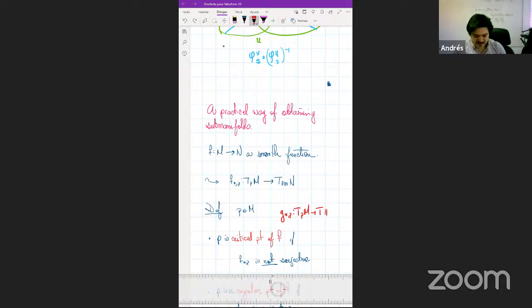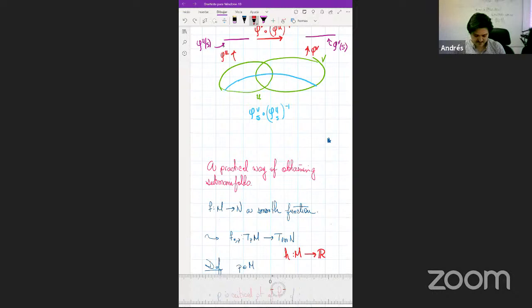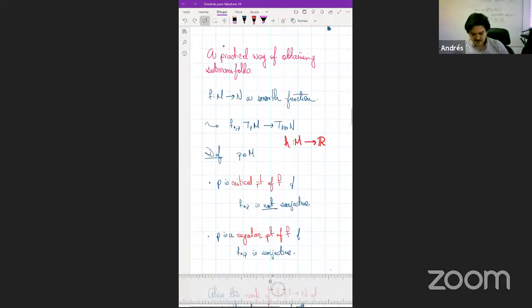Okay, then, so that's going to be a critical point. The differential is not surjective. And a regular point is when the differential is surjective. Okay?